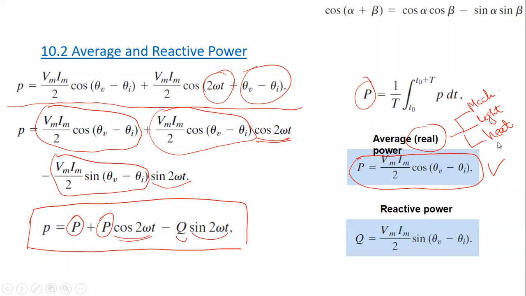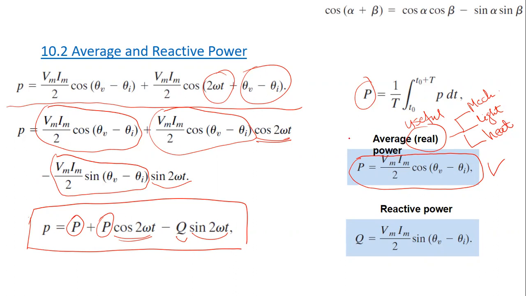These are the three useful forms of energy to which electrical energy is converted: mechanical energy in motors, light in lamps, TVs, phones, or heat in irons, kettles. This is why it is called real. It could also be called useful power. These are the names of the average power, or real power.